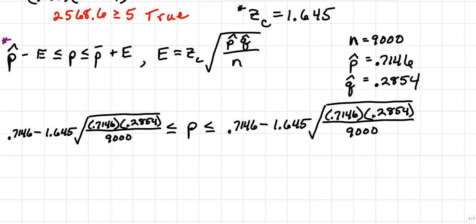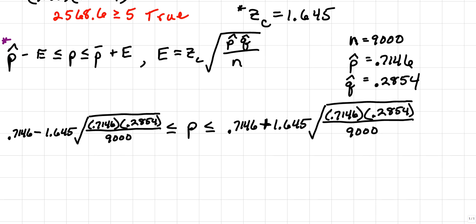On the left hand side, p hat 0.7146 minus the error, which will be given as z sub c 1.645 times the square root of the product of p hat and q hat, 0.7146 times 0.2854 all over n, which is 9,000. Likewise, we will have basically the same thing on the right, except instead of a subtraction sign, it is a plus sign.